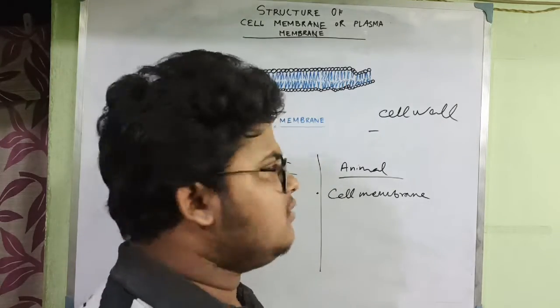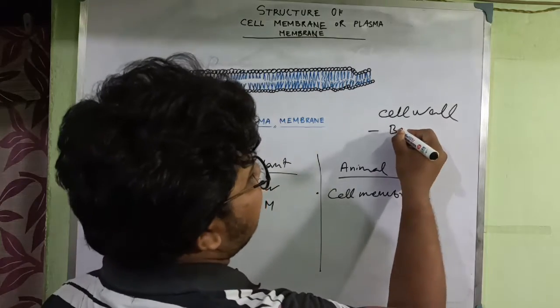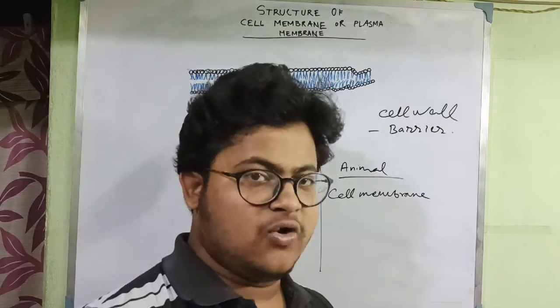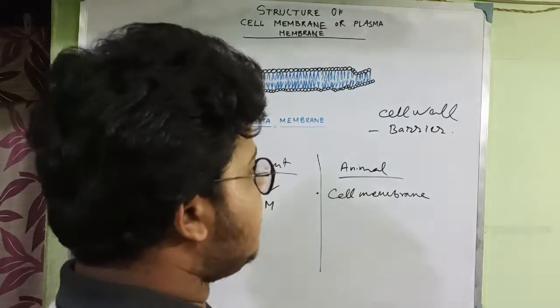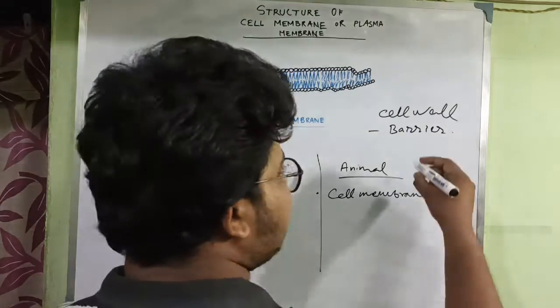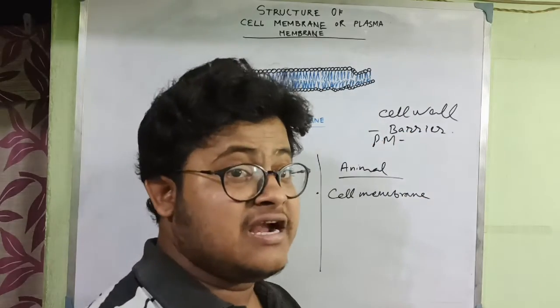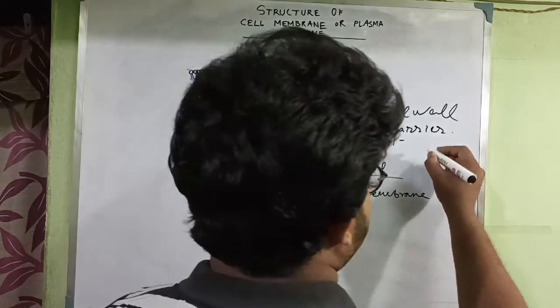So the cell wall is a barrier to harmful molecules. But the plasma membrane is not just a barrier, it is a selective barrier.